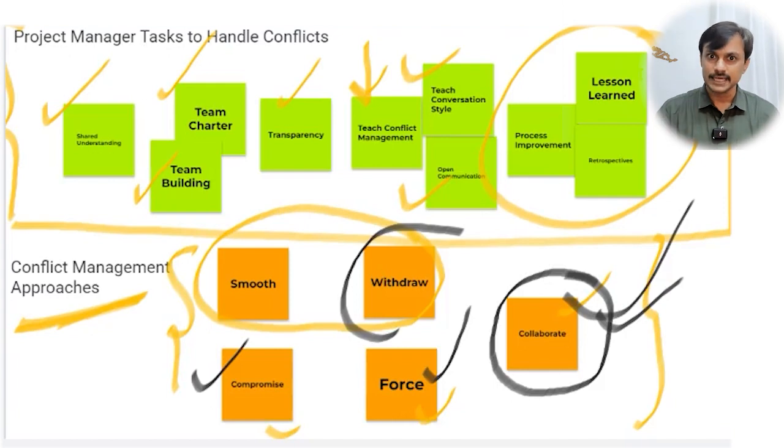But in general, inside the project team, look for other alternatives, because forcing is most likely to be a wrong option. Unless you see a real crisis happening and you know this is the best thing we can do and we don't have time, then you can go for forcing. But in general, we focus on a collaborative way of working in the conflict.